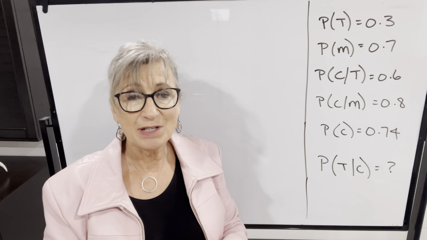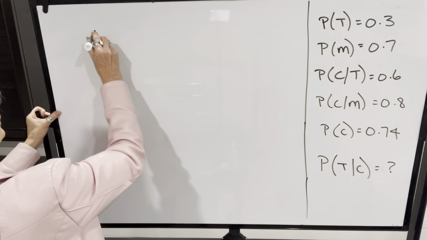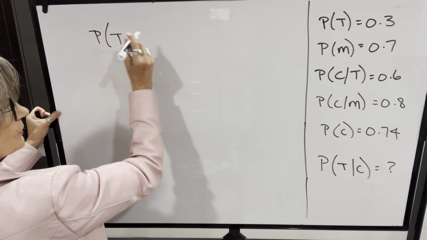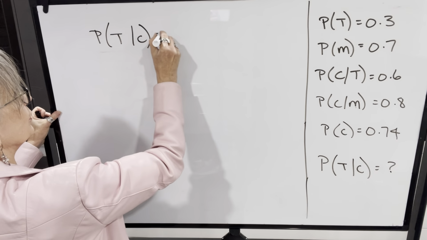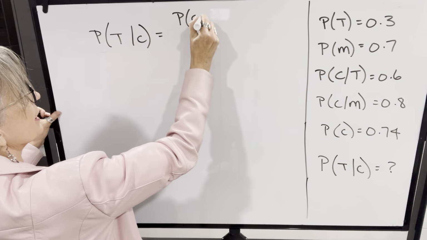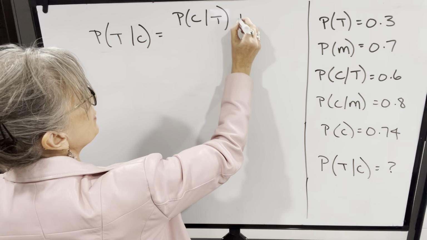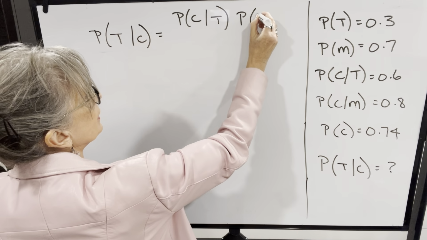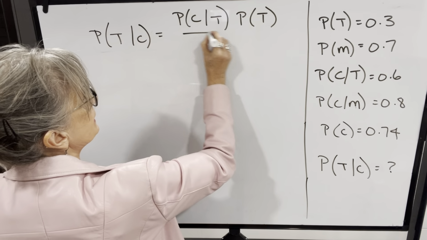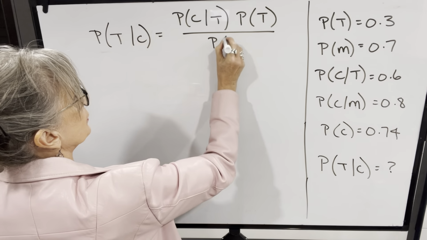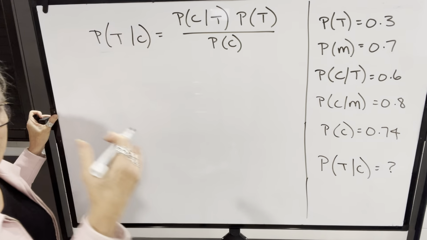So again, we're going to use Bayes' theorem. The probability that it's true-false given that it's correct will be equal to the probability that it was correct given that it was true-false, so the reverse. Then we multiply by the probability of it being a true-false question divided by the probability of it being correct. So very similar to what we just did.